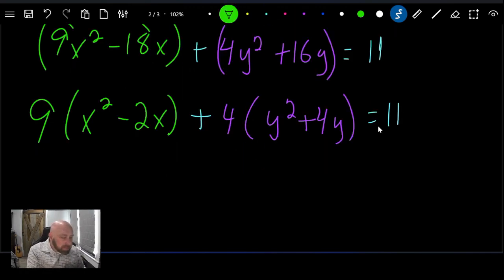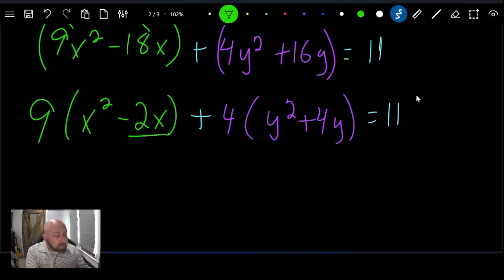Now this is going to get just a little bit tricky here, but I want you to hang in there with me, because this 9 and this 4, because those are out front, those are what we would call a multiplier. We're going to have to add this over here, but we're going to have to add it with the multiplier of 9. So basically 9 is being multiplied by whatever we take out of that.